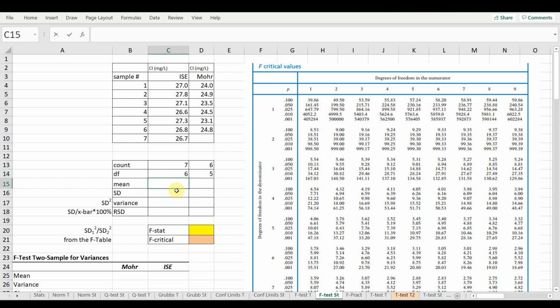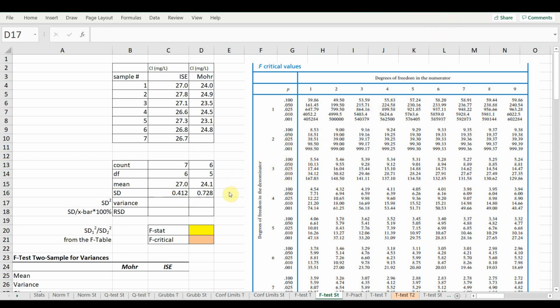For the mean, we use the average function. And we can drag that across. Standard deviation equals STDEV.S, tab, all 7 values. We drag that across.